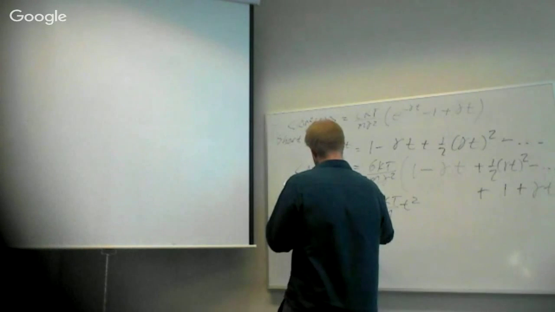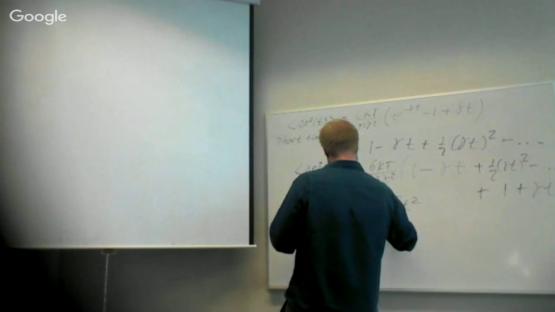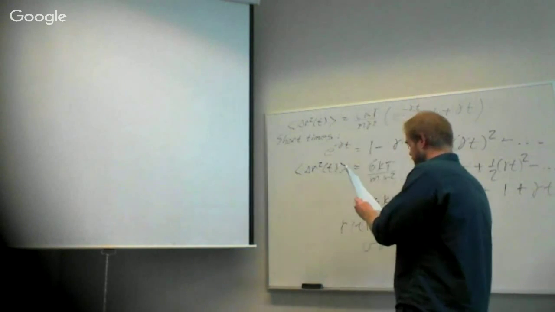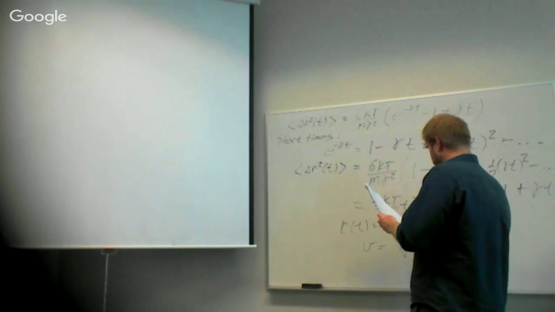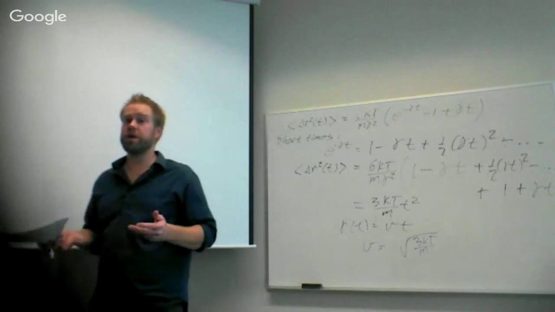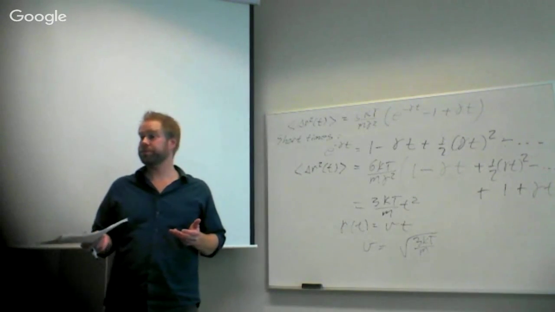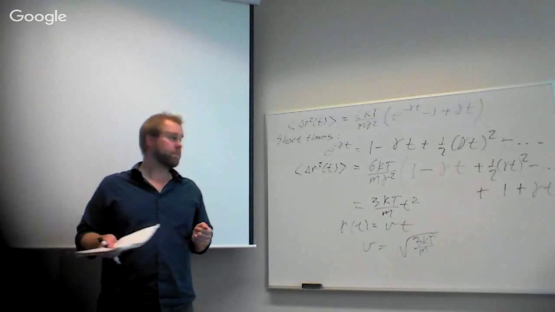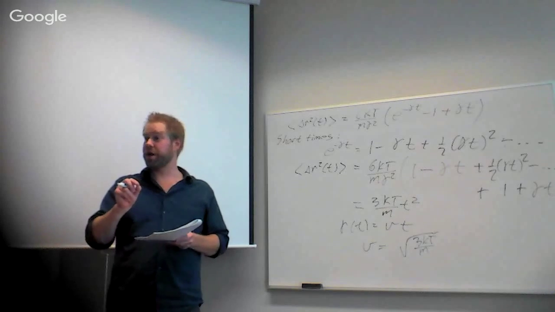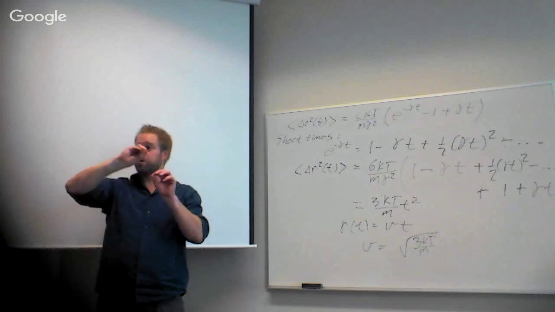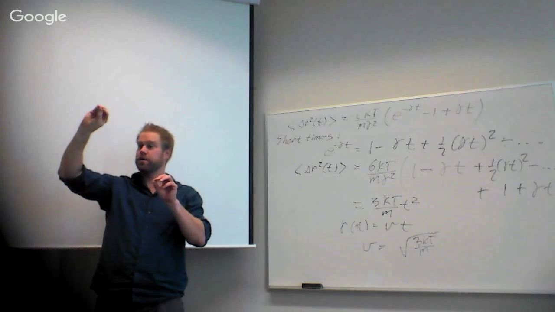And so at very short times we'd always expect this, and this tells us that our v here would be the square root of 3kT over m, which we can just get by equipartition. Well, this is the ballistic motion. Remember, a particle in between collisions is just moving at some constant velocity.